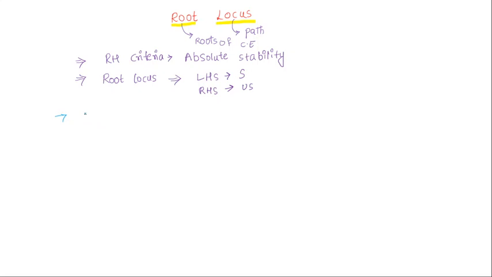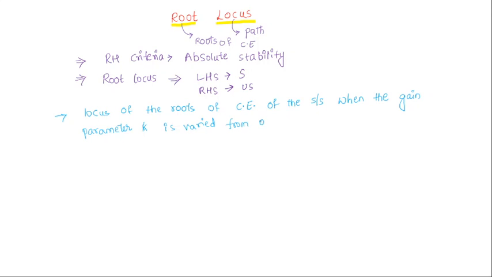So the root locus is the locus of the roots of the characteristic equation of the system, when the gain parameter k is varied from 0 to infinity.